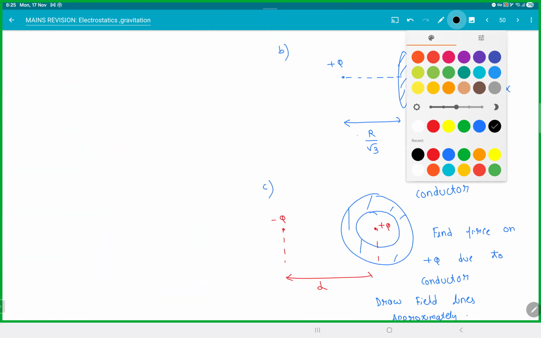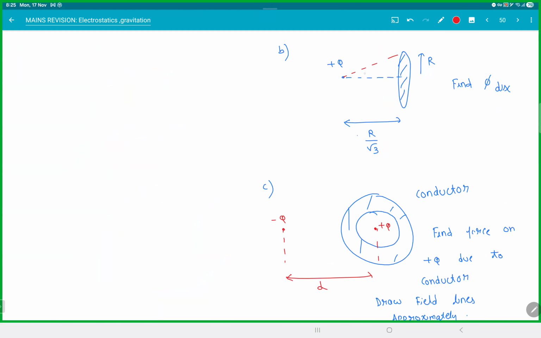This is straightforward. You definitely should remember this formula. This angle will be 60 degrees. Here, the formula is this. The flux will be the total flux, Q by epsilon, times the area ratio. If you remember the area formula, this area comes out to be 2 pi r squared times 1 minus cos theta, and you get total flux Q by epsilon for an area of 4 pi r squared.